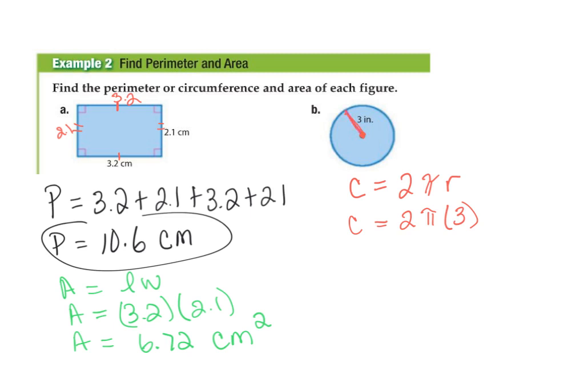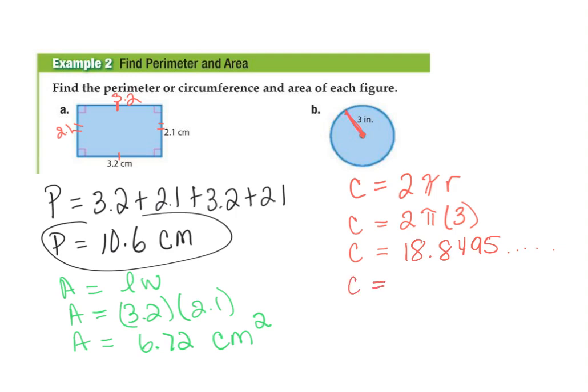And then I would plug this into my calculator. I will use the pi button in my calculator. So when I use the pi button, I will get 18.8495... because the decimal goes on. In your answers, you should be rounding to an appropriate decimal place.